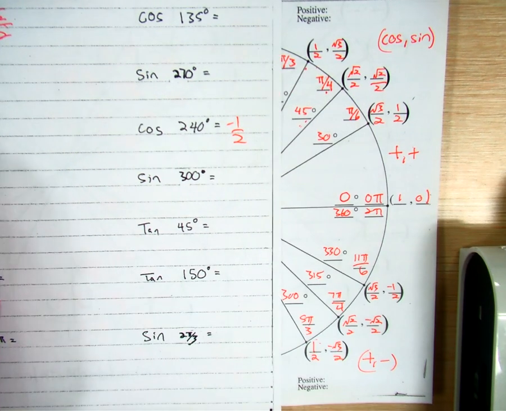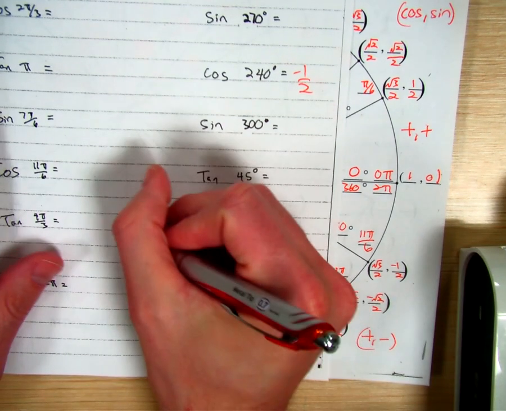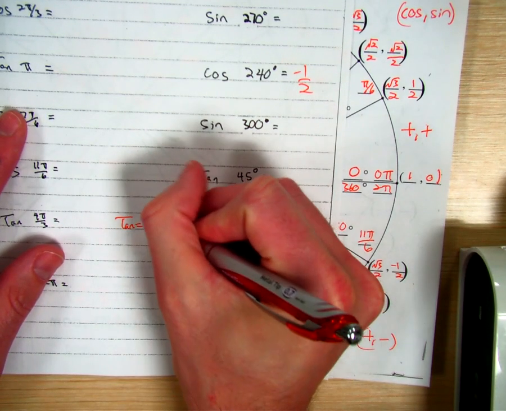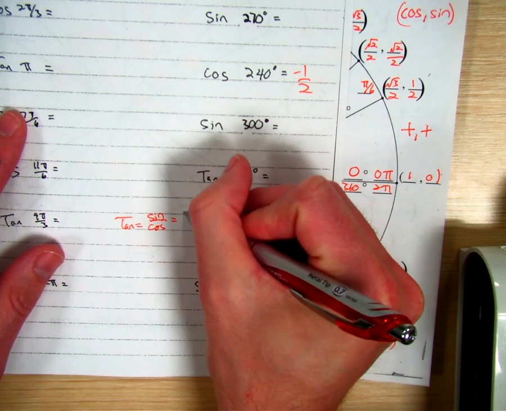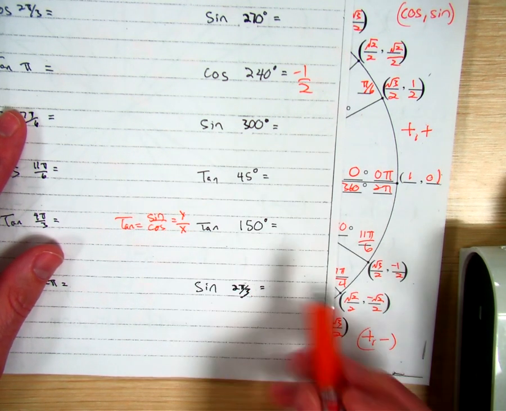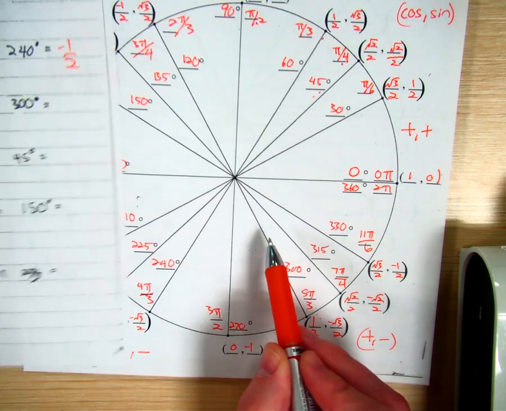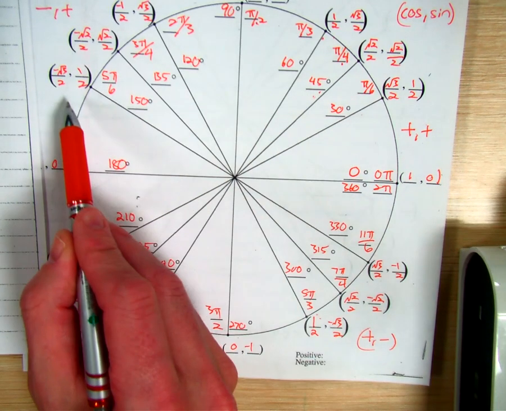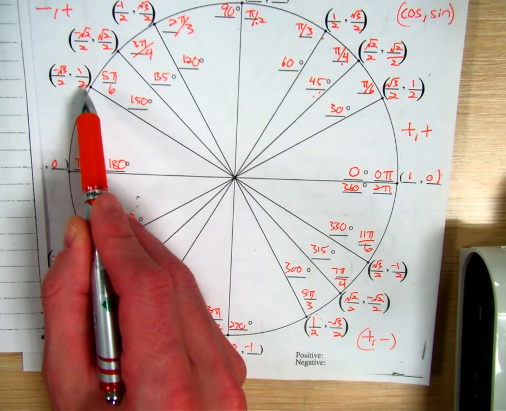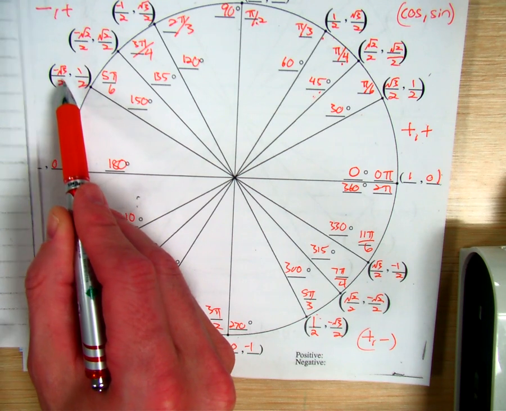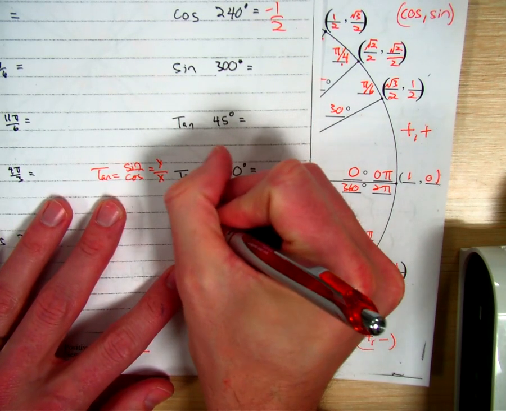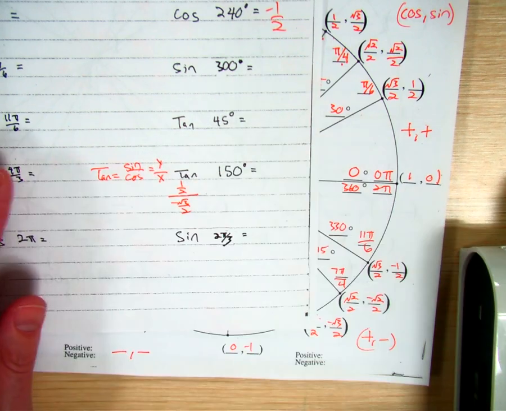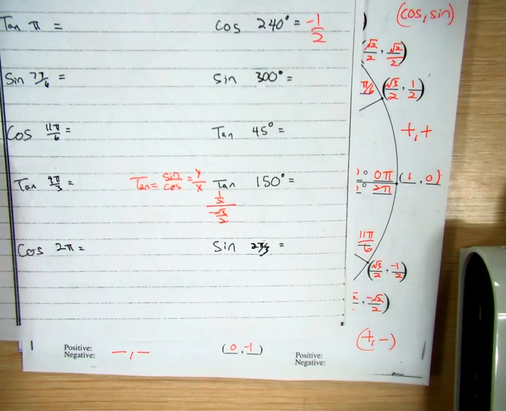Okay? The fun ones are tangent, because tangent equals sine over cosine, or in our unit circle, that would be y over x. So tangent at 150, y over x is going to be half over negative radical 3 over 2. Okay, fraction over fraction.